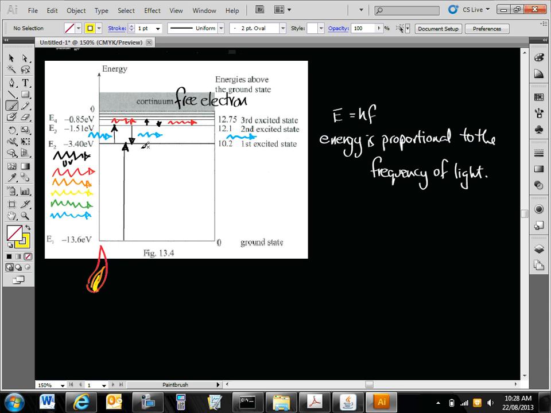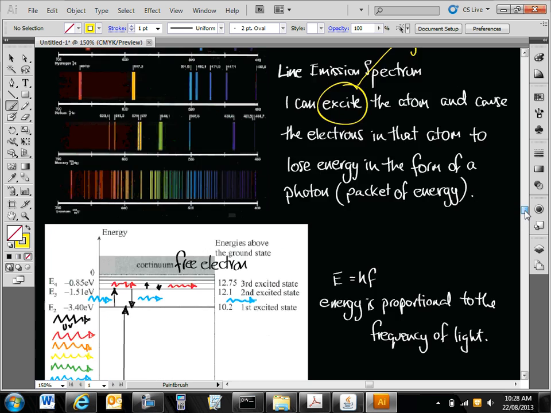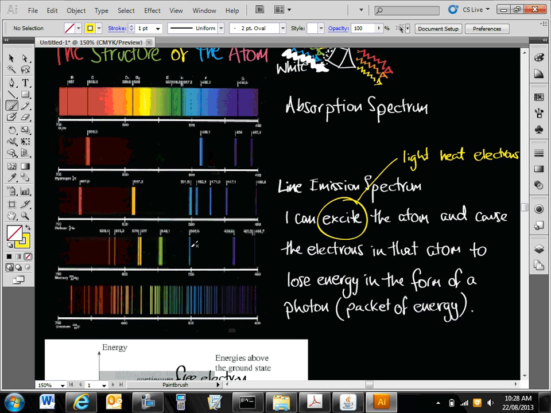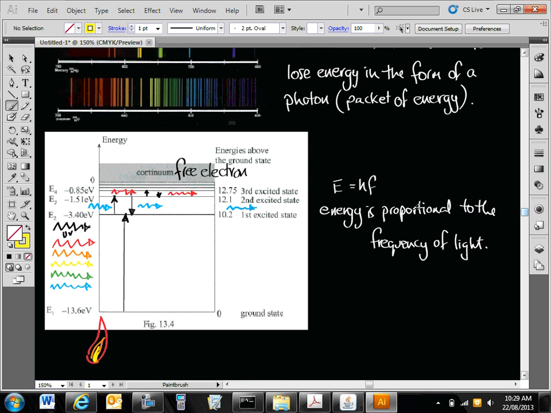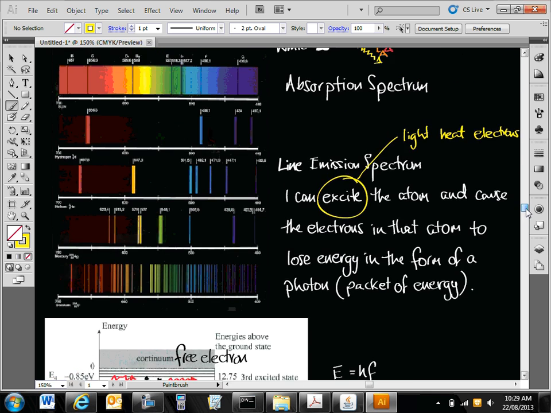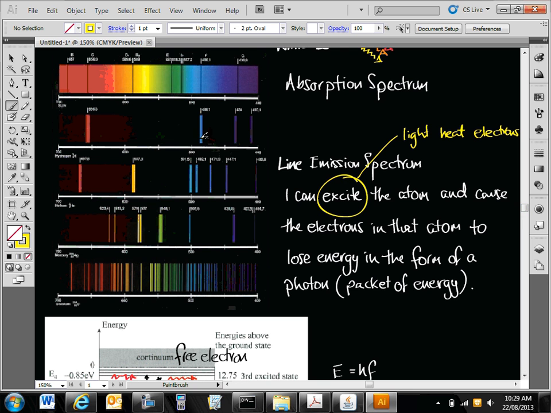Very specific. And so if I heat up an atom and I'm not sure what it is, and it emits a spectrum that looks something like one of these, what can I say about that gas that I can't see? What can I say about this if I didn't know that this was hydrogen and I heated it up and I looked at it through a spectroscope and I noticed that it showed these lines here?